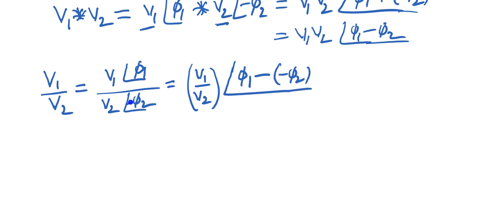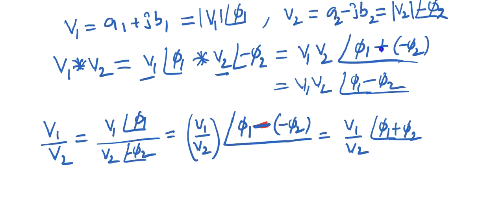So this is how we write the angles here, V1 by V2 with the angle phi 1 minus phi 2. This is how you do the division of two vectors. This is the magnitude, and this is the angle between these two. Here we take the subtraction between the two angles, whereas in multiplication you take the summation of the two angles. So that is important.